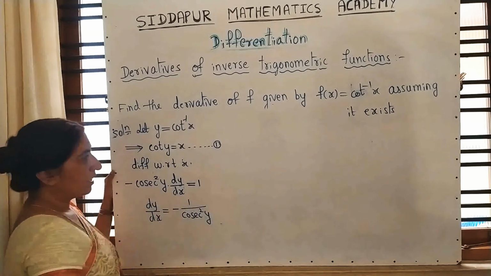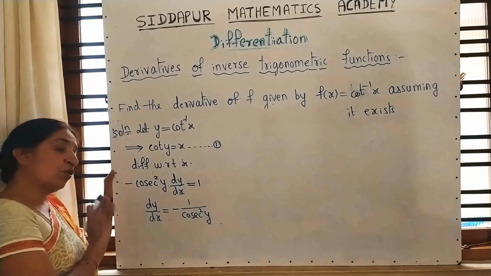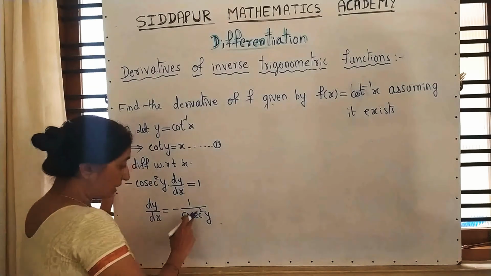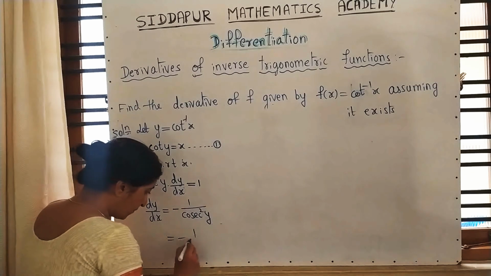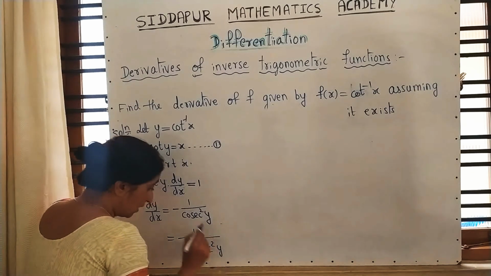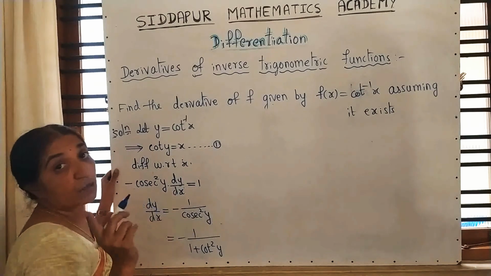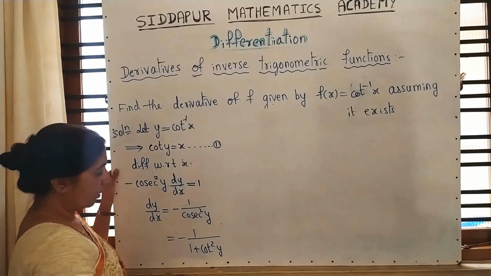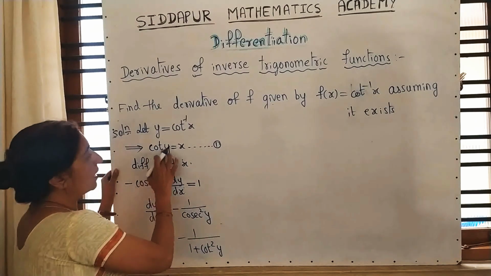cosecant square y. You know the relation between cosec and cot. Yes, cosecant square is written as 1 plus cot square. This is a basic identity. 1 plus cot square theta is cosecant square theta. But what is cot y? Cot y is x.